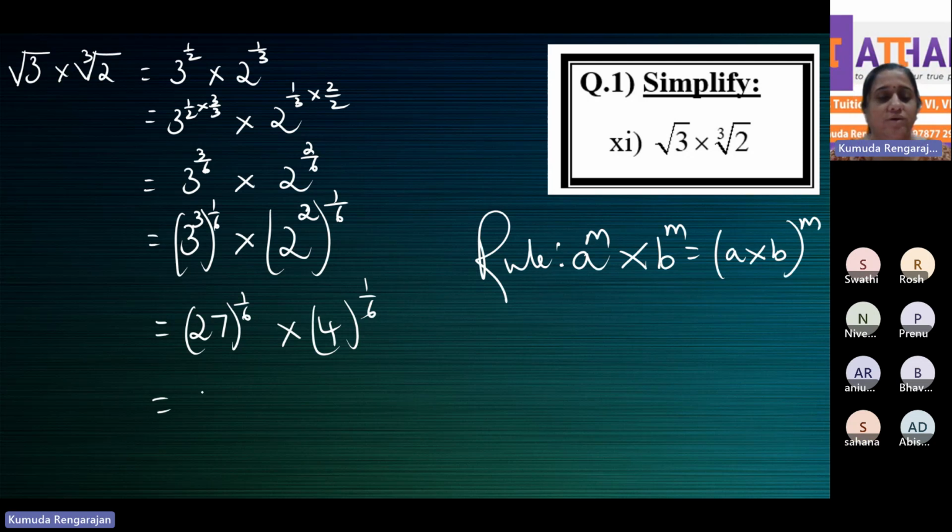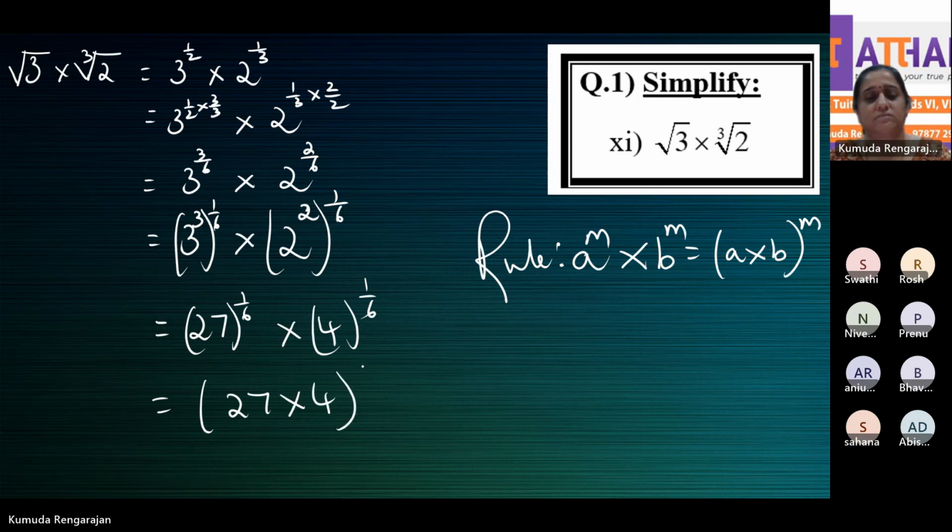Yeah. So what will you do here? 27 into 4 power 1 by 6. Correct. And what is 27 into 4? 108, ma'am, to the power 1 by 6.